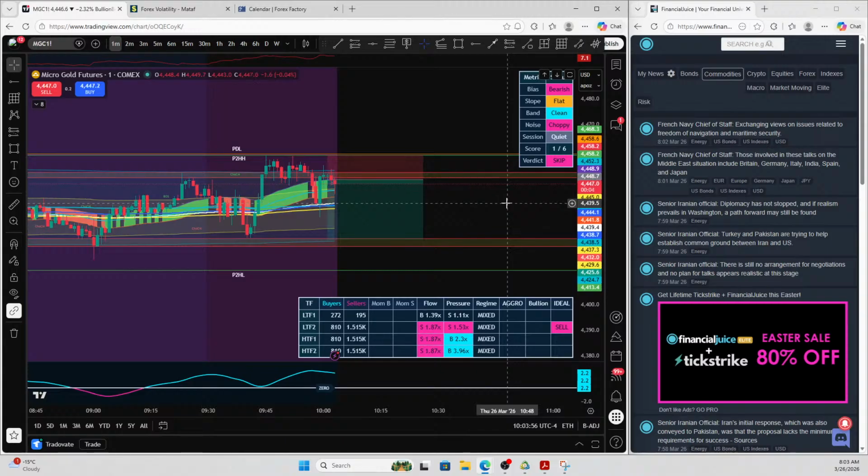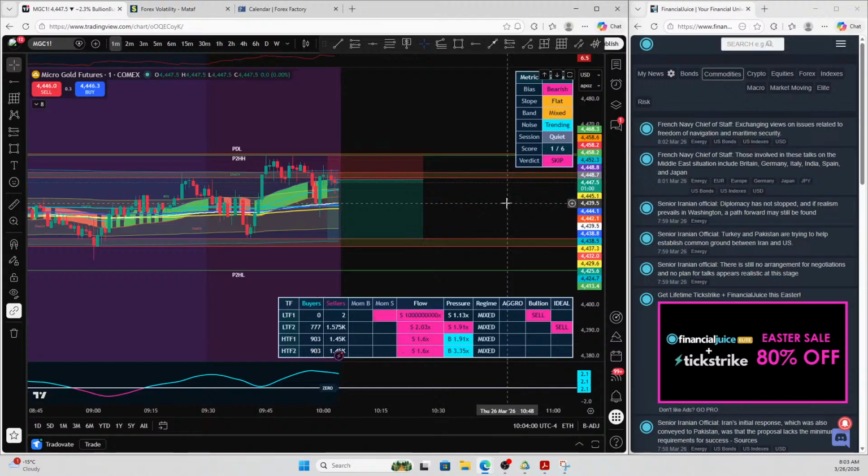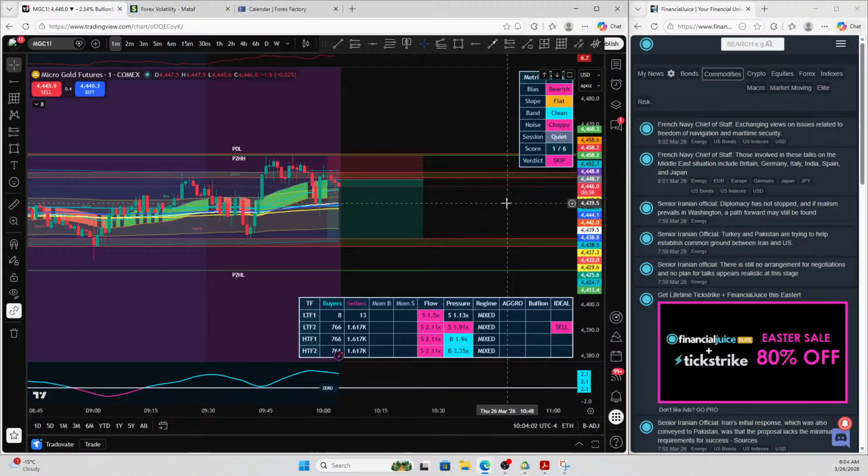A lot of things are going for this trade setup that we have on our screen. But let's see if it continues to take the direction we want it to take.